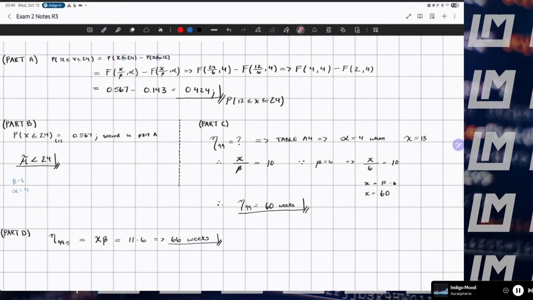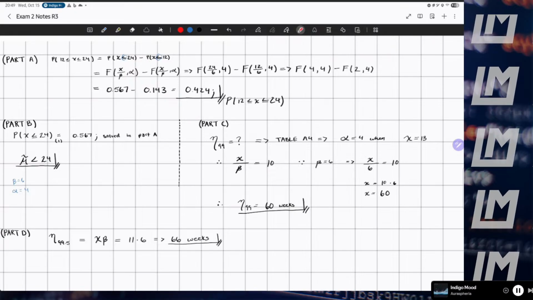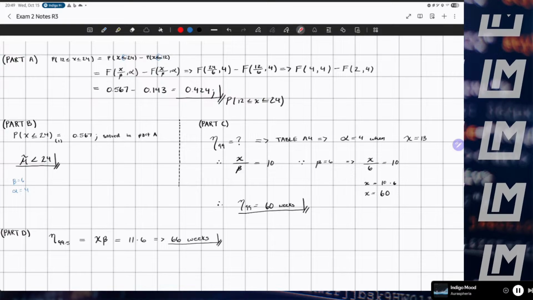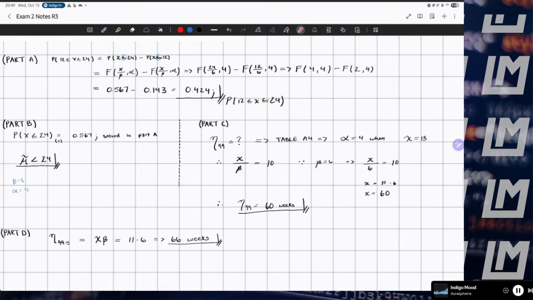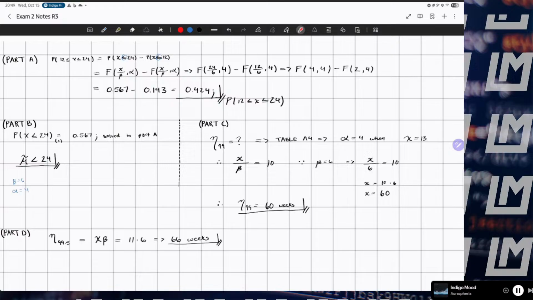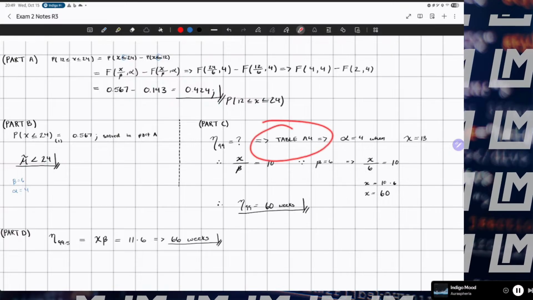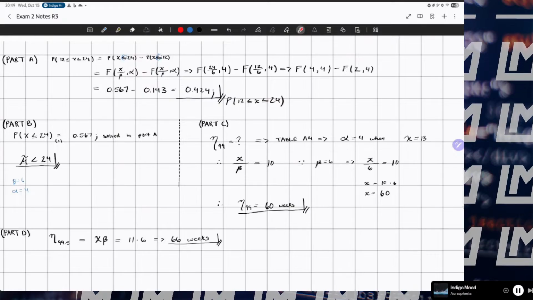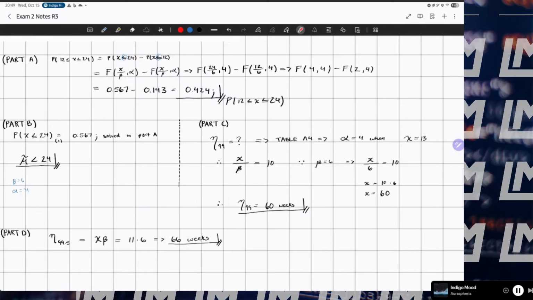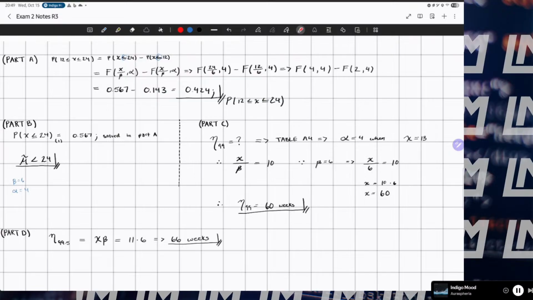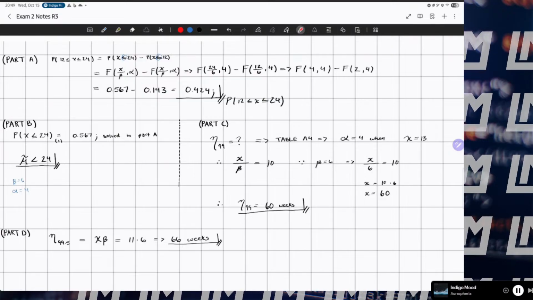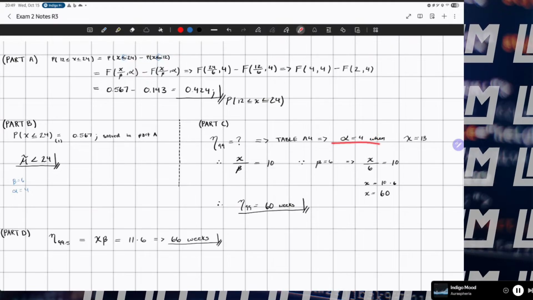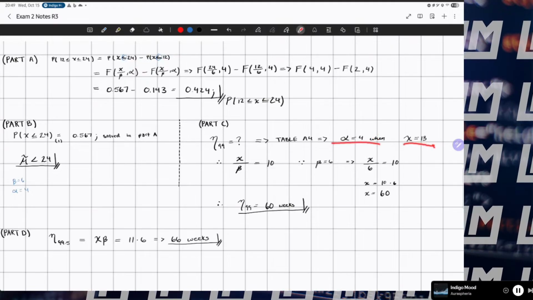Yeah, but the ETA is just using the table. For this one, I just look back at the table, and I literally look for a value as soon as it reaches 0.99. And as soon as it reaches 0.99 is when alpha is equal to 4 and x is equal to 13.